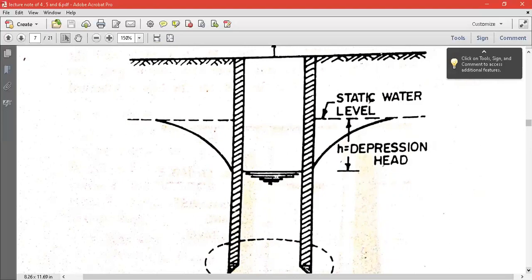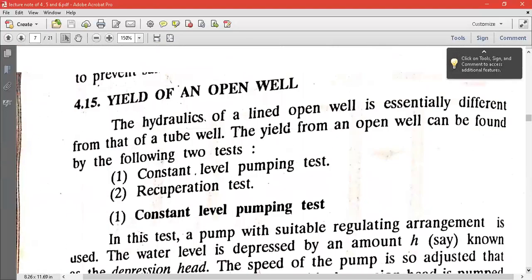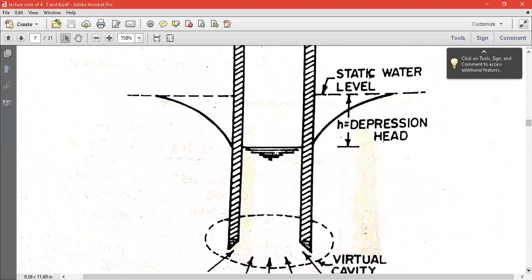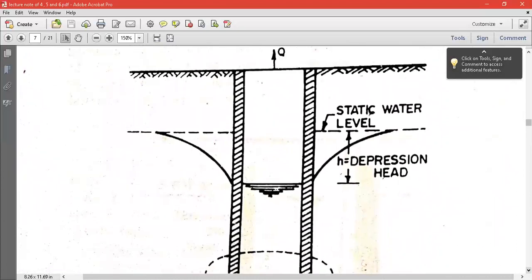Again, just for the basic principle of this test, I am going to highlight that in constant level pumping, after a particular depression head is reached by pumping out, the water will start entering the well, and whatever water is percolating into the well under the depression head, if that can be pumped out by adjusting the pumping rate, then it will be found that the depression head H will remain constant, because below the depression head, pumping out equals the water in.